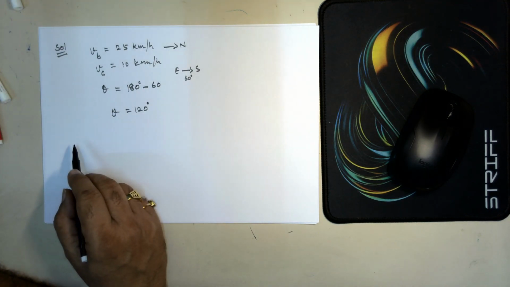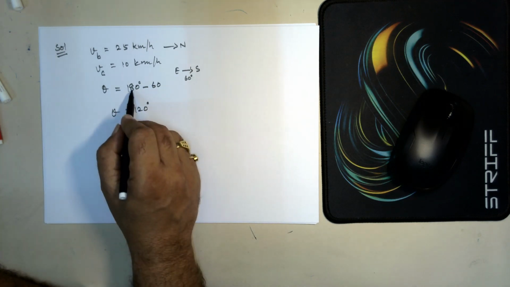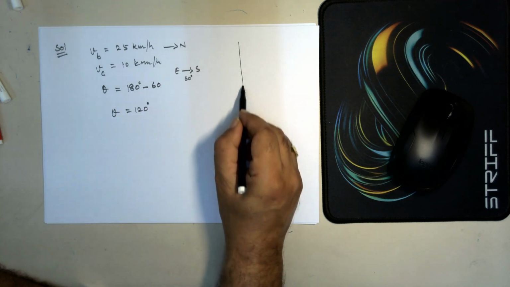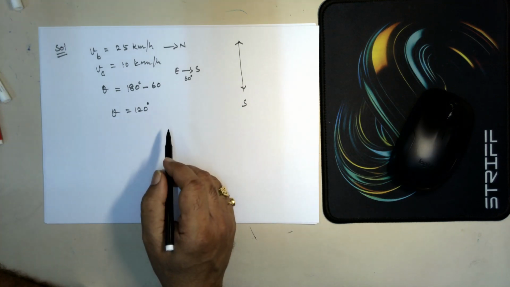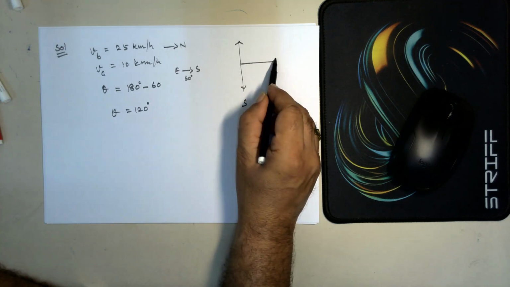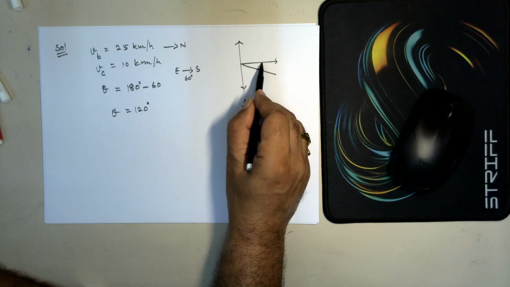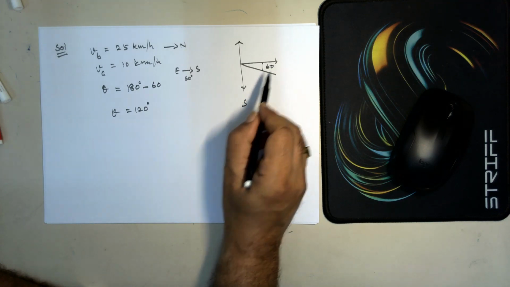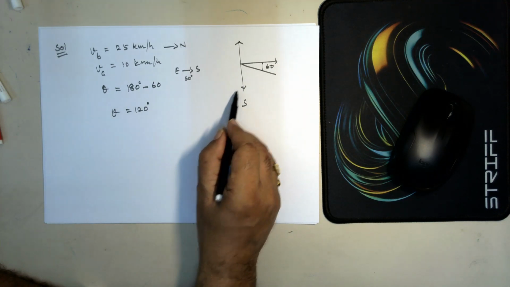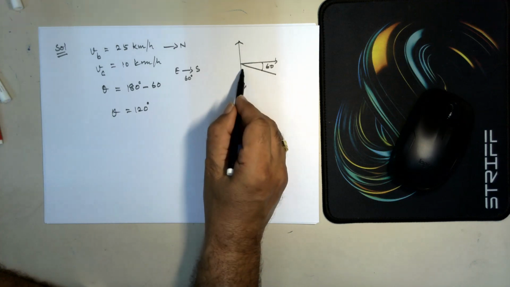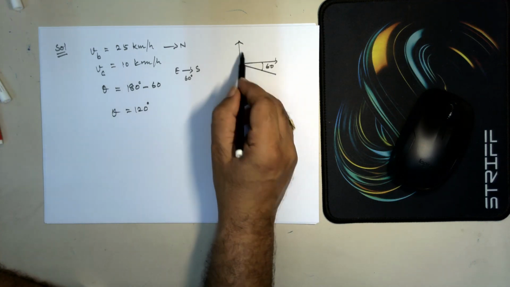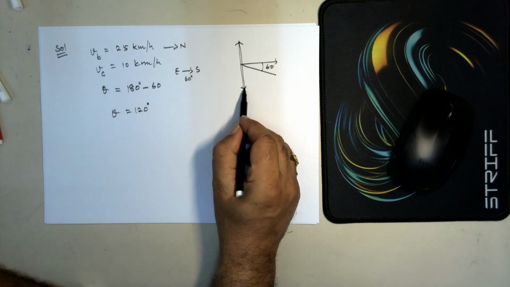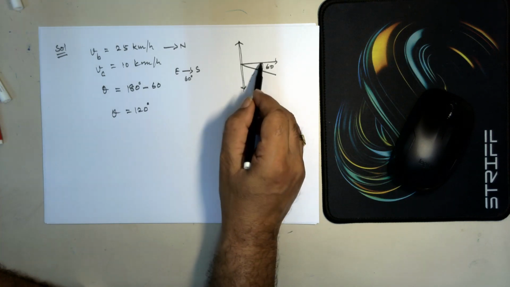Now, why have I taken 180? Because this is north, this is south, okay? So towards east, 60 degree from south, and we need to calculate this angle, is it not? So totally it is 180 degree, and we have to consider this angle.